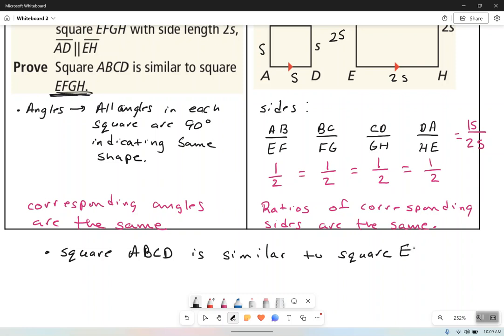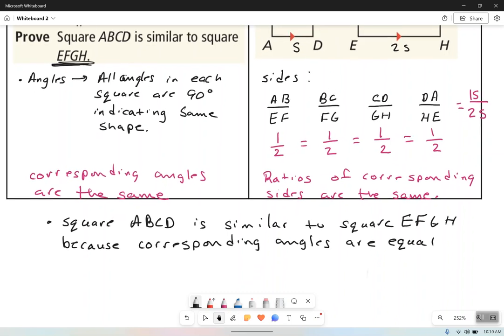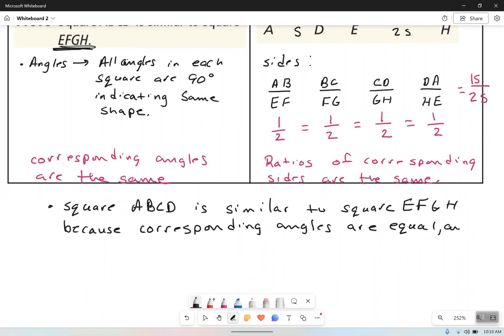EFGH, because corresponding angles are equal and corresponding side ratios are what?